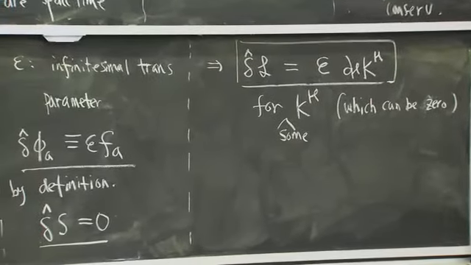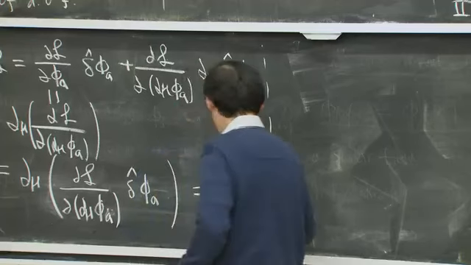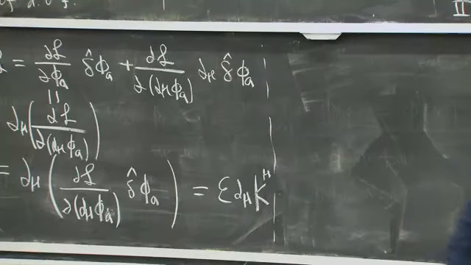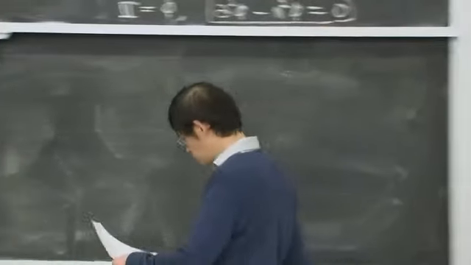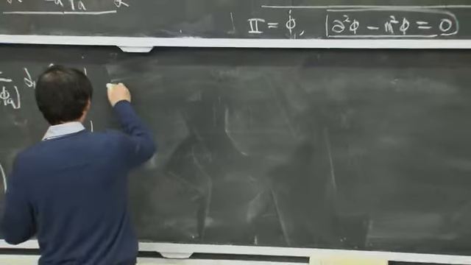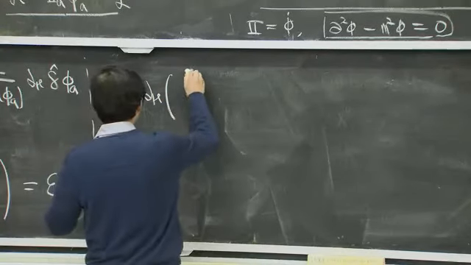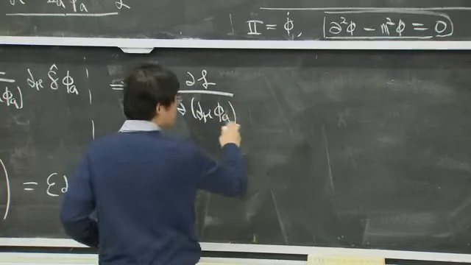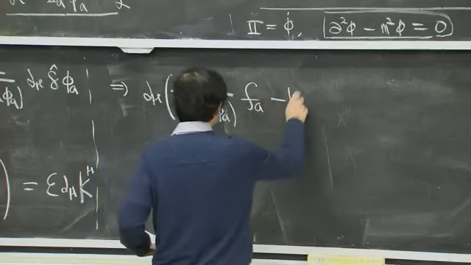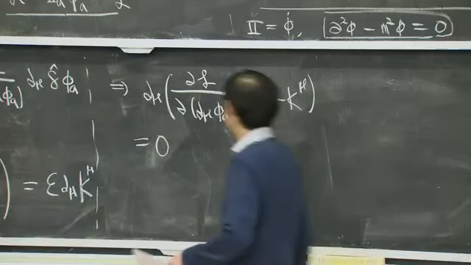So this should be equal to epsilon partial mu K mu. We combine both sides together, plug in that delta hat phi A is equal to epsilon times F A, and conclude partial mu of (partial L over partial mu phi A times F A minus K mu) equals 0.